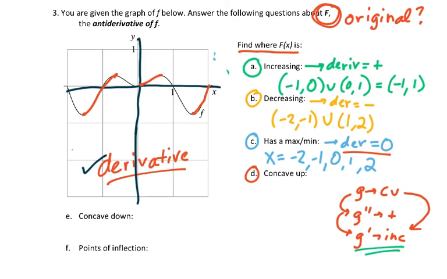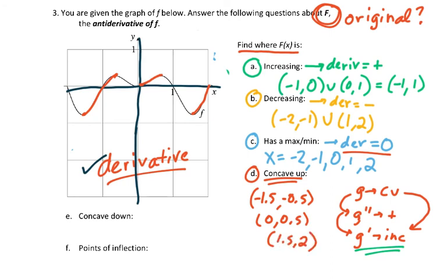That's where the derivative is increasing, which means the second derivative is positive, which means the original graph is concave up. Cool, huh? All right, this looks like it's about negative 1.5 to negative 0.5, how about 0 to 0.5, with 1.5 to 2.